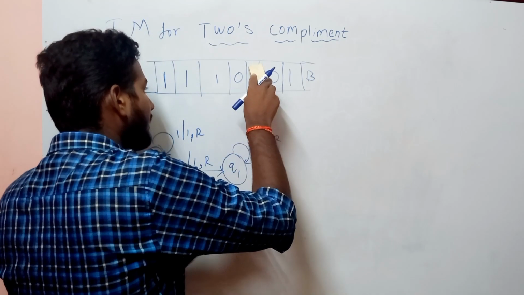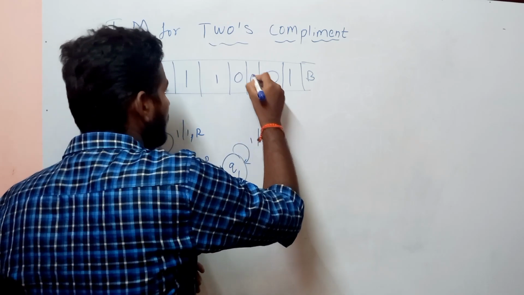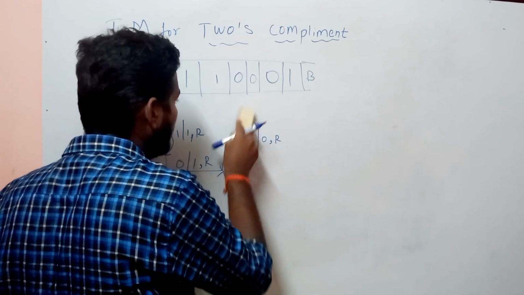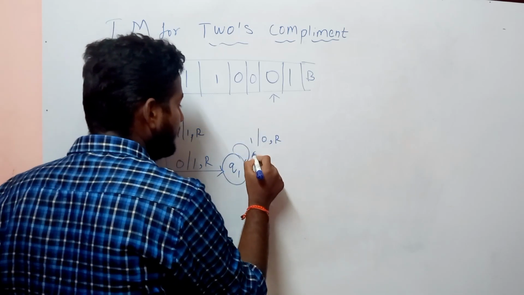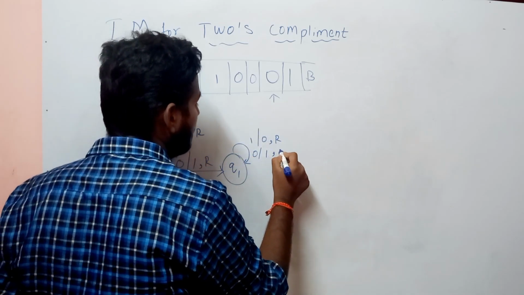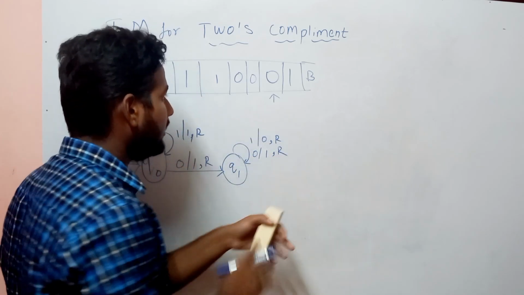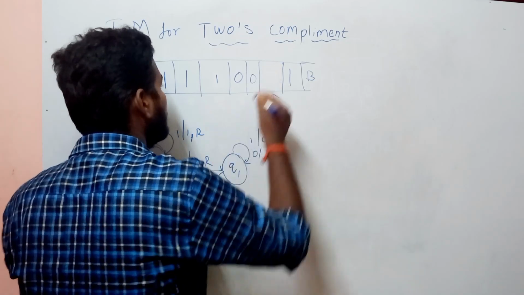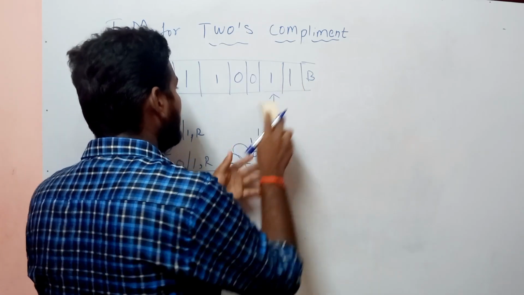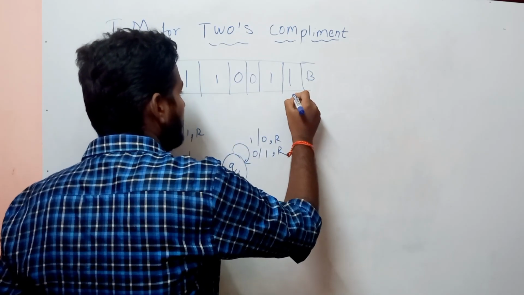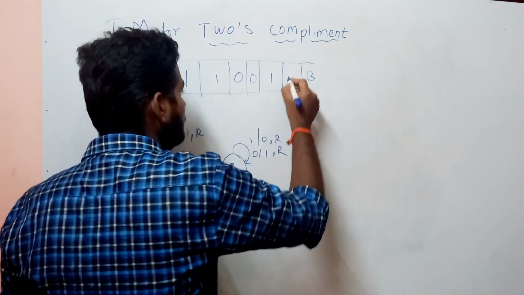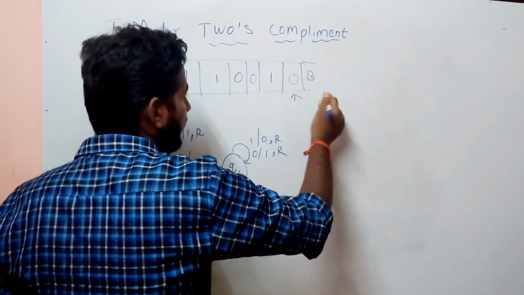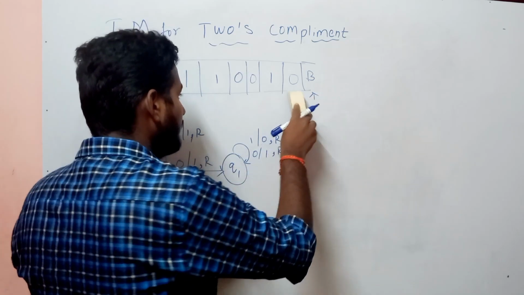Then this 1 changes to 0 and the pointer moves to the right. Now the pointer is at 0. This 0 is represented as 1 and it moves right. This 0 is represented as 1 and it moves to the right. Now this 1 is represented as 0. The pointer moves to the next position.